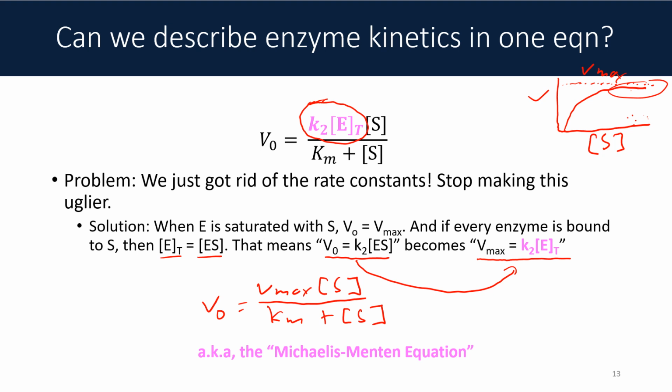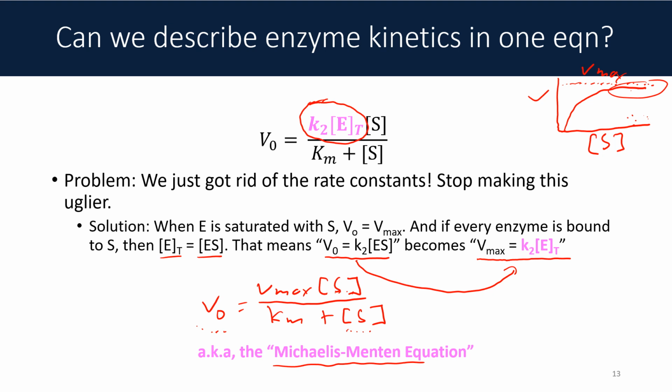So here we have it. This is called the Michaelis-Menten equation, which can describe the rate of any enzyme as a function of its substrate at any concentration in theory.